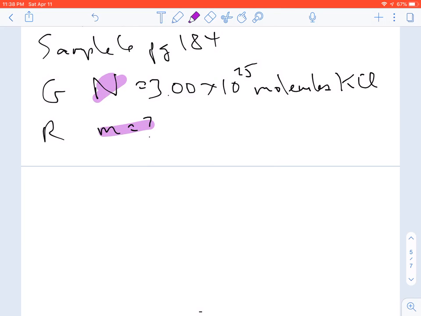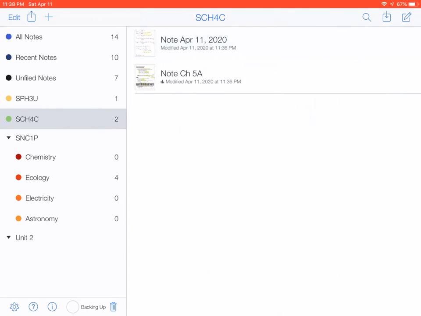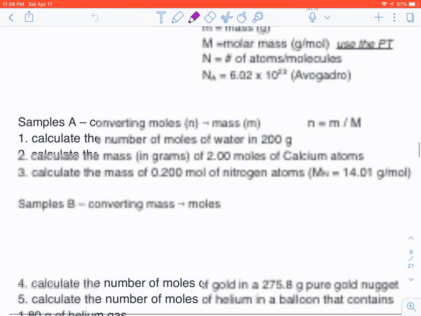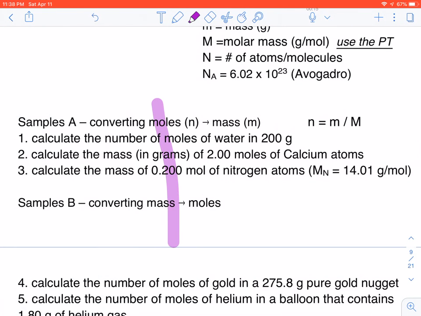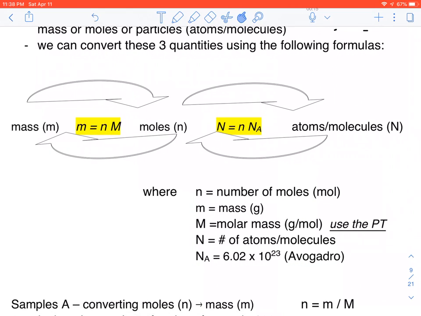Now, there's no formula that we've done in this course yet that has mass and number of particles in it. The only formula that we have that includes mass is the formula that contains the number of moles. So if I go back to my note here, okay, so I know big N, and I'm trying to calculate mass.